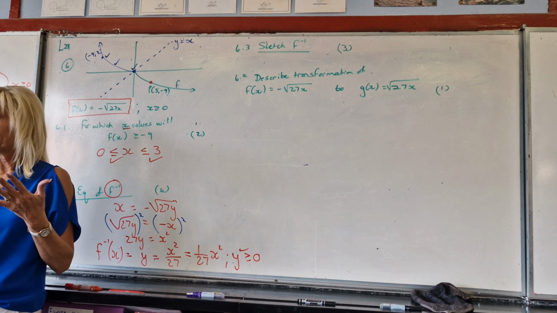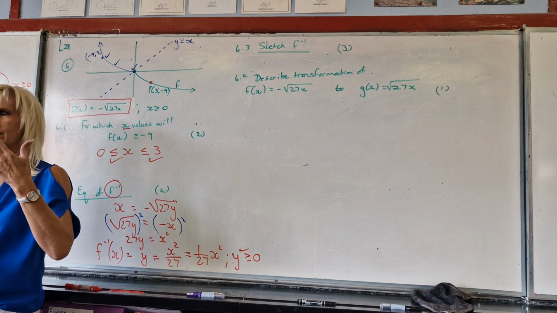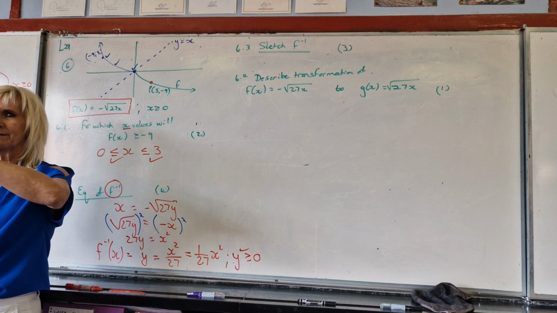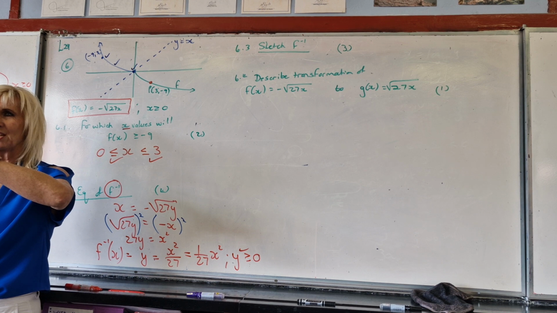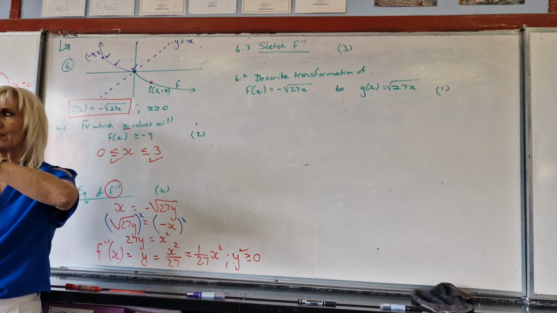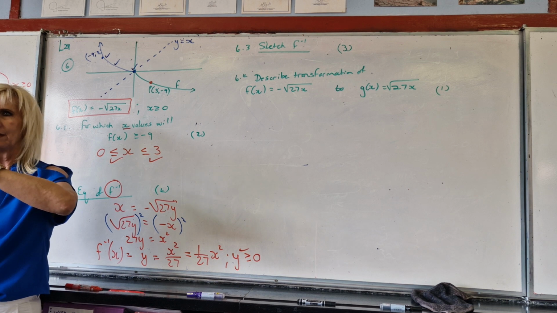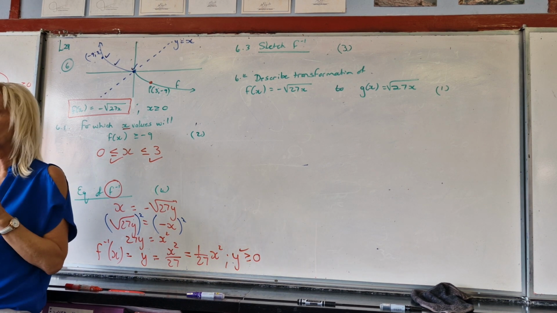Reflection about the x-axis. How does that happen? When you change the y into a negative. Any time you times it with a negative, you're going to get positive. So if the y is timed with a negative, you get symmetrical around the x-axis, reflection around the x-axis.